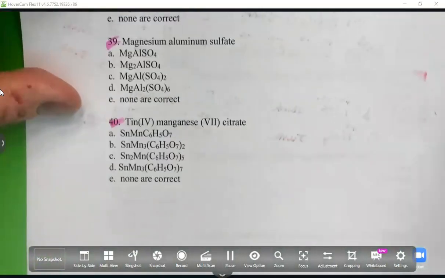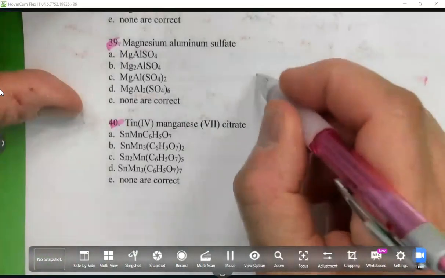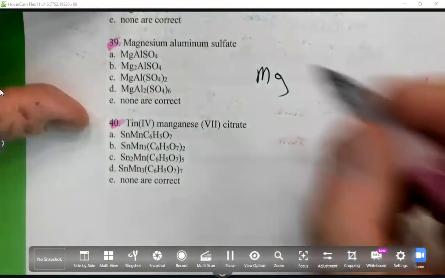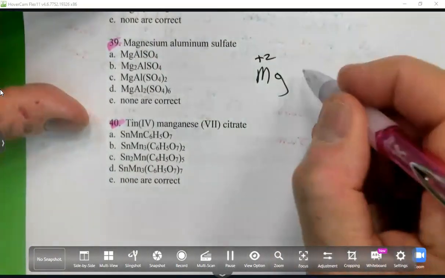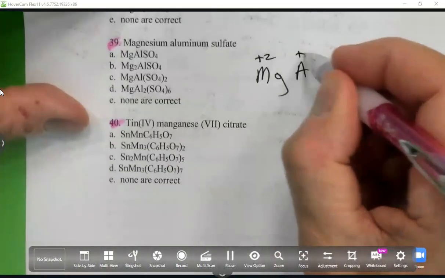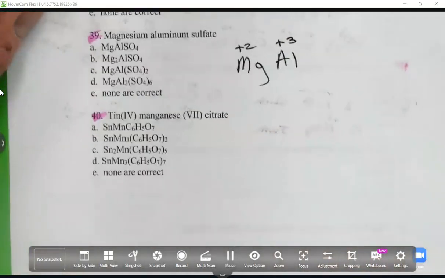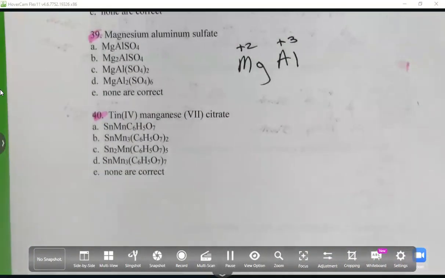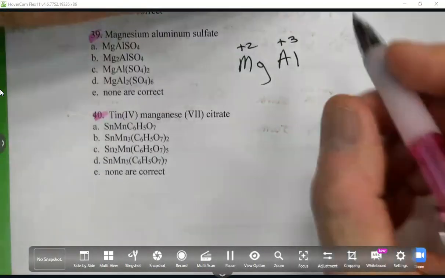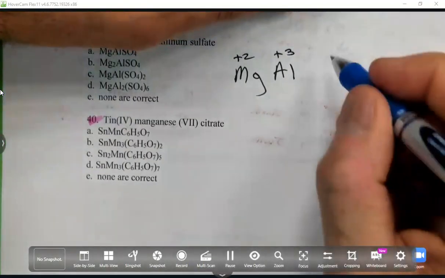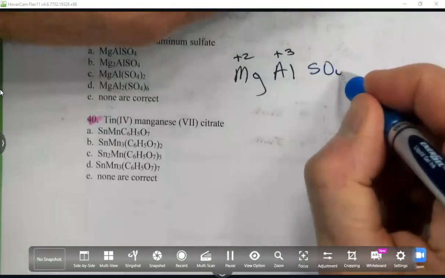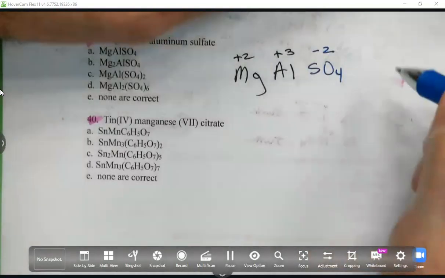All right, 39. We've got magnesium +2, aluminum +3. Those are locked in. That's the only positive charge they can be. And my negative is sulfate, which is -2.